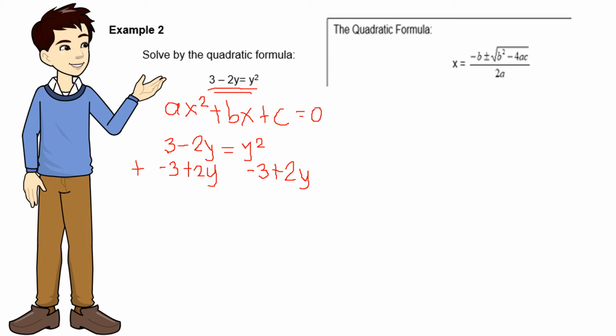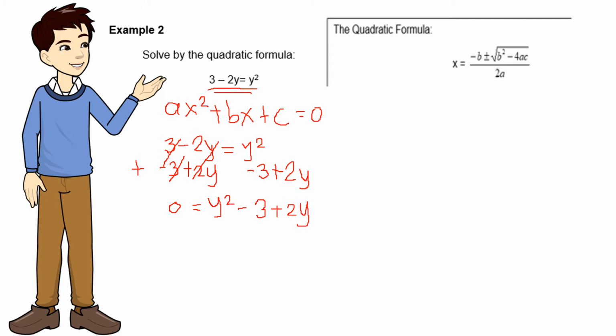So, 3 plus negative 3, cancel na natin siya. Then, negative 2y plus 2y, cancel na ulit. So, this will be equal to 0, equal y squared, bring down lang natin, minus 3 plus 2y.